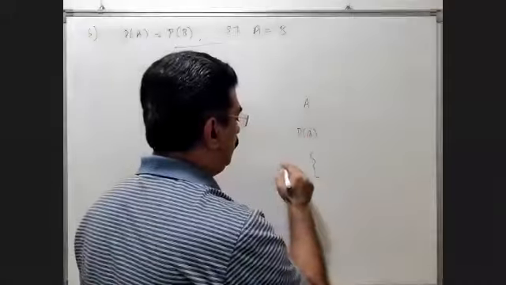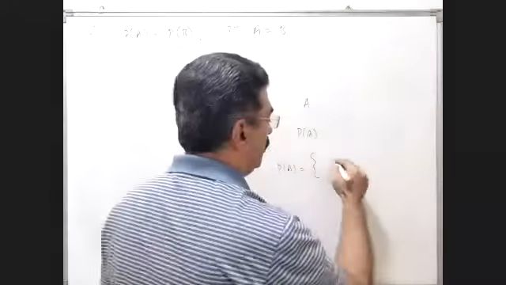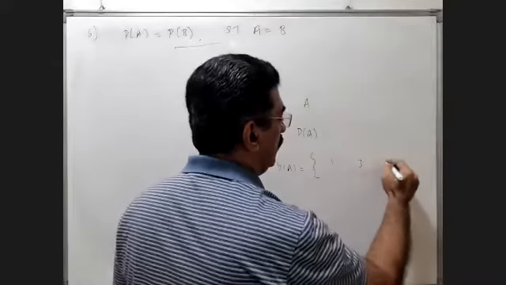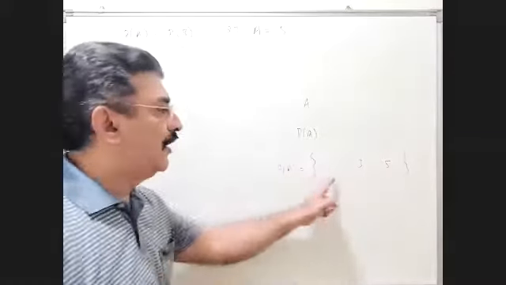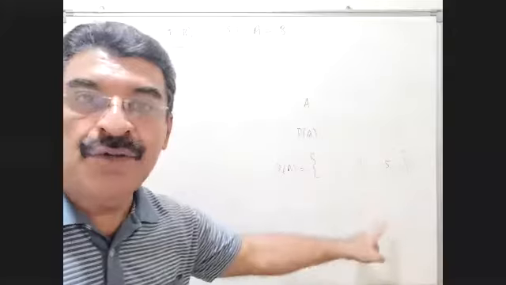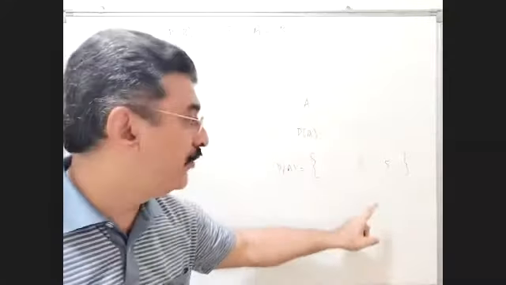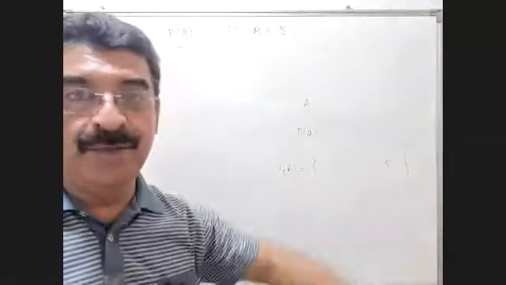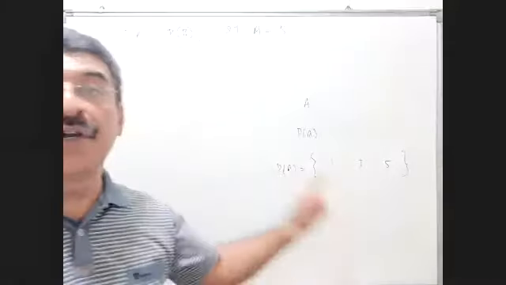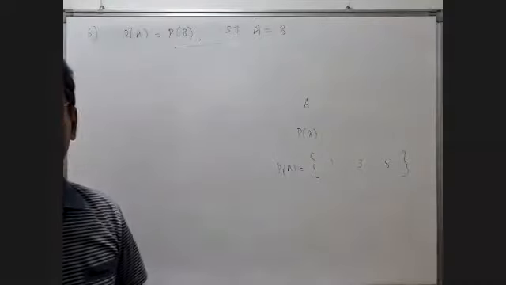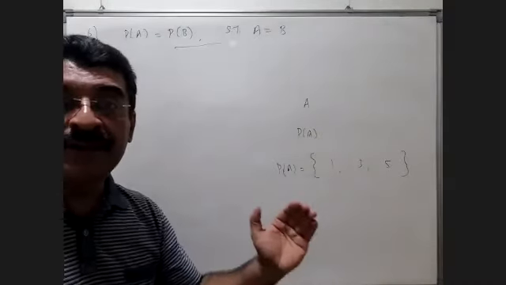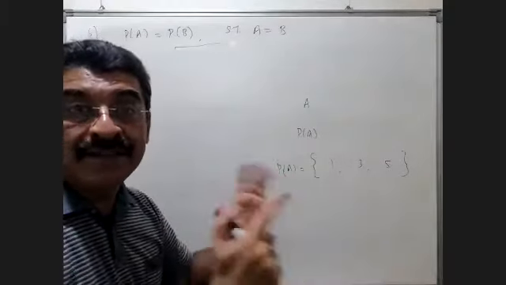If you write P of A as {1, 3, 5}, at once you can say this is a wrong statement. It is not possible. The reason: the elements in power sets are all sets only.